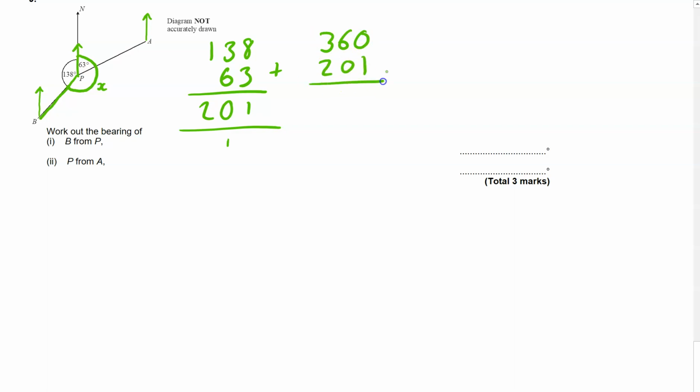It's around a point, so I've got 138 and 63 already. So that is 201 degrees. To make it up to a full 360, I'm going to need 159 degrees. So x is 159.